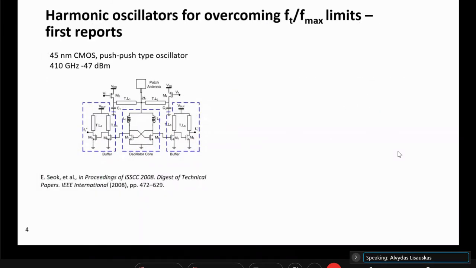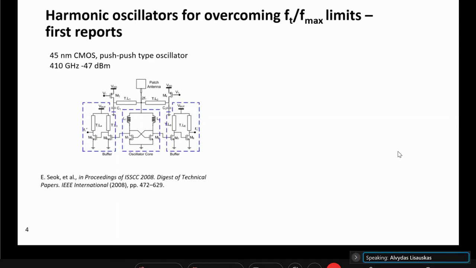Now, historically, CMOS has been shown to operate already in the terahertz frequency range. Already in 2008, two independent groups reported oscillators above the border of 300 gigahertz using 45 nanometer CMOS.